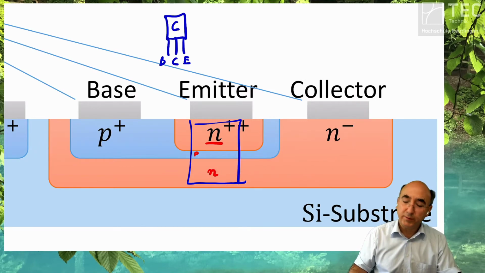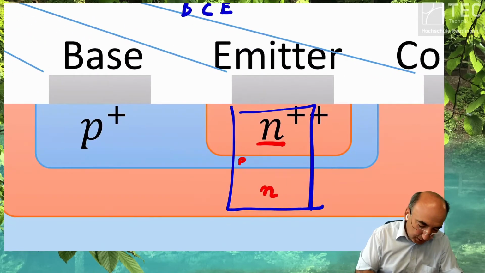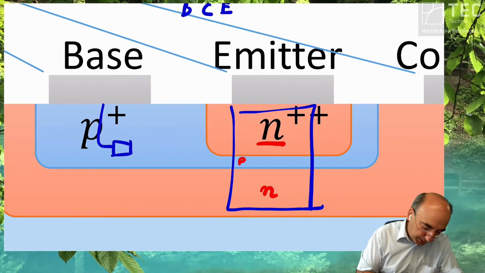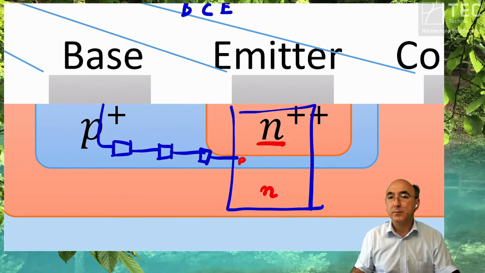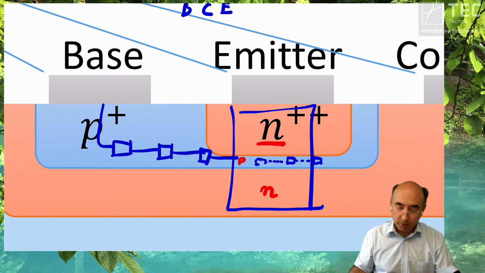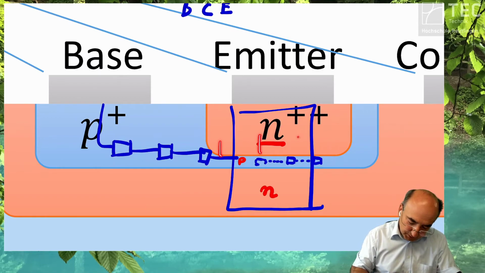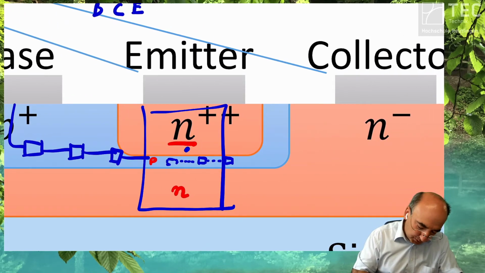So what do we have additionally to the intrinsic transistor? We have a base resistance to the channel. The channel is distributed. The base area is distributed. So you have different resistances on a different location in the base. Okay, we have here also a resistance of the emitter.